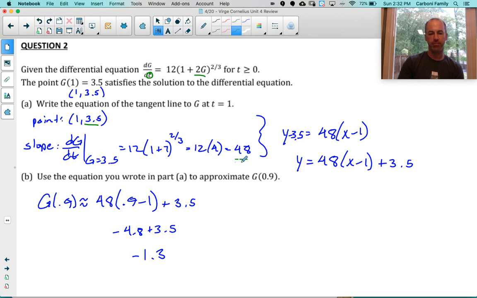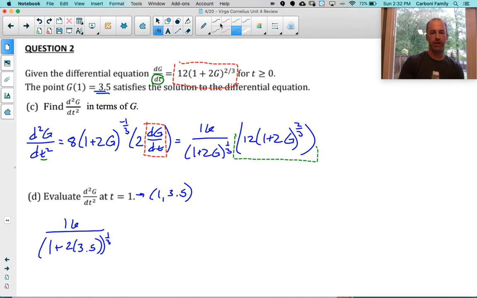So I can actually import that slope that I found in part A and use it right here. So instead of doing all of that, I'm just going to say times 48, because I know that dg/dt is equal to 48 at this point, and I would stop right there. And that is all of question 2. So that one was significantly faster than question 1.